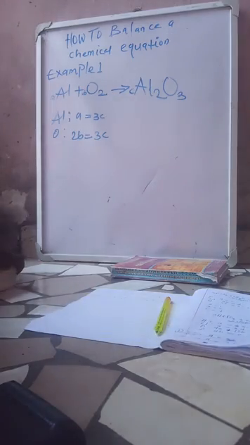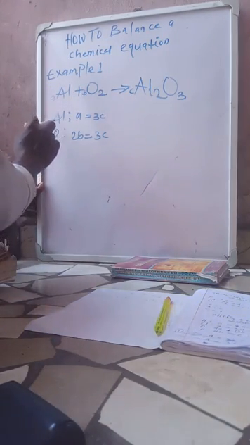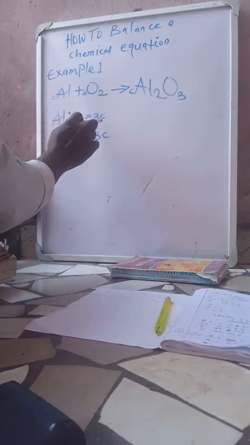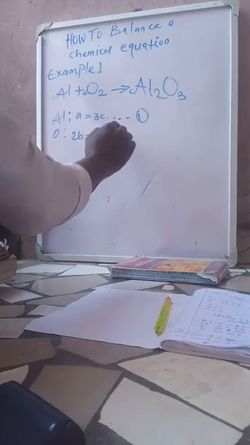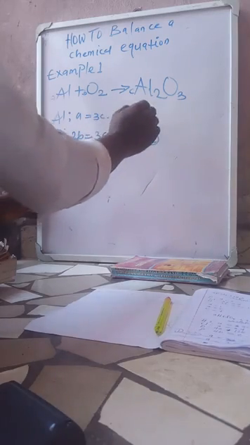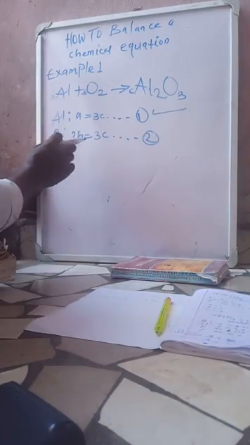Okay, now let's look for our value of B in the equation. Now we've gotten the value for C. We've gotten equation 1. Let's go over to equation 2.